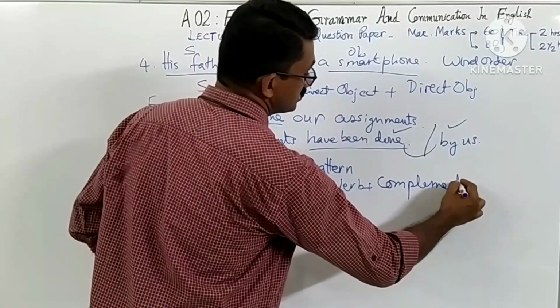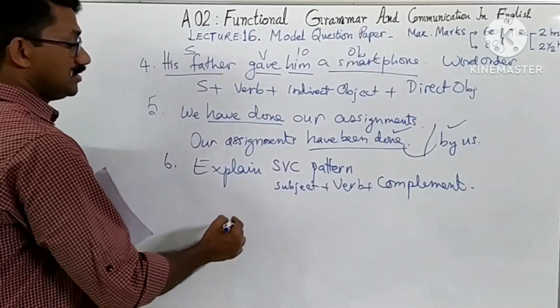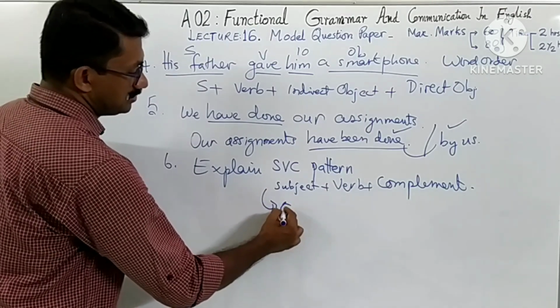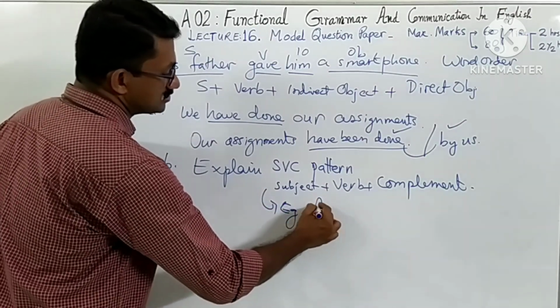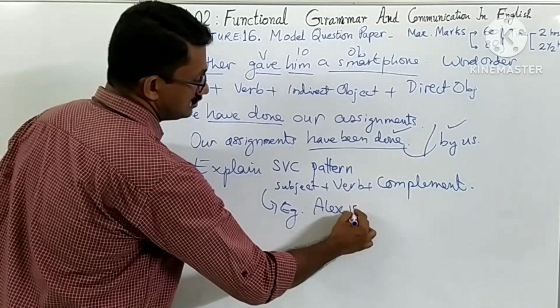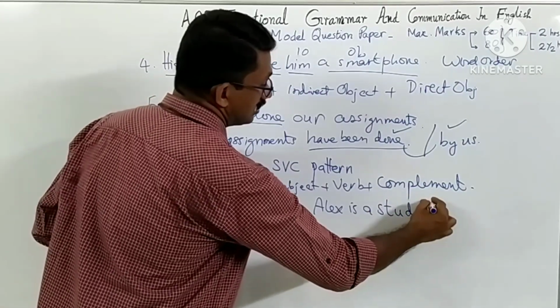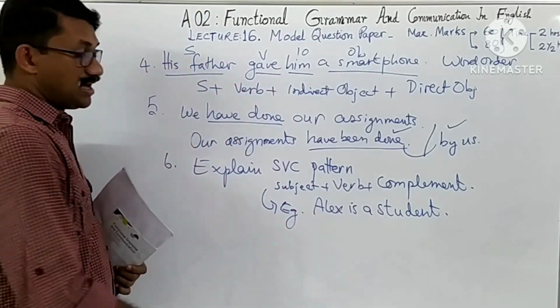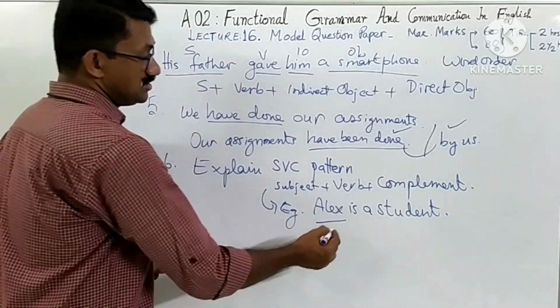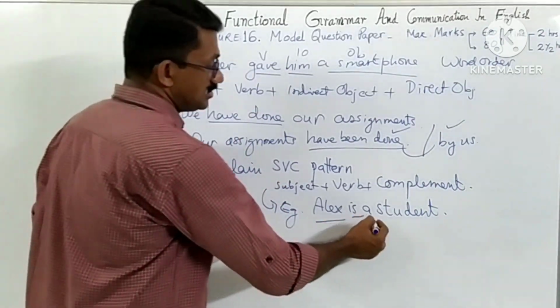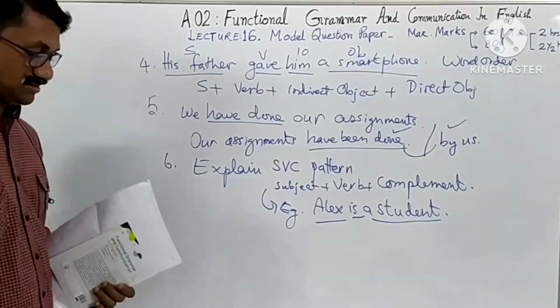Give an example: Alex is a student. Alex is the subject, is is the verb, a student is the complement.